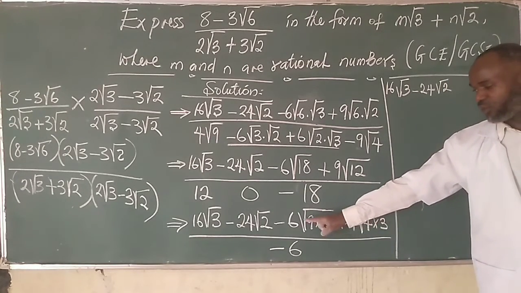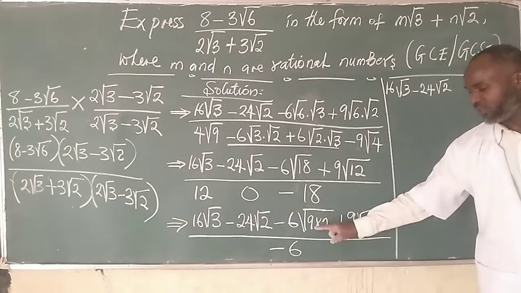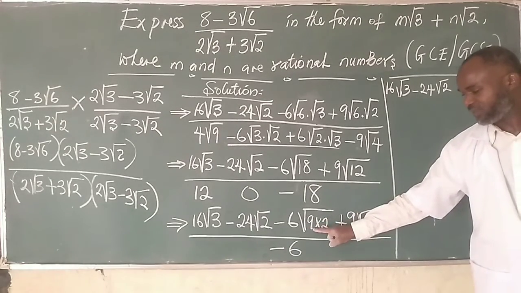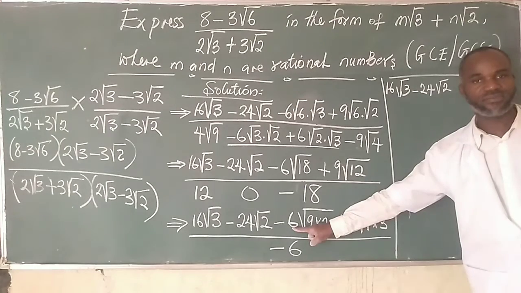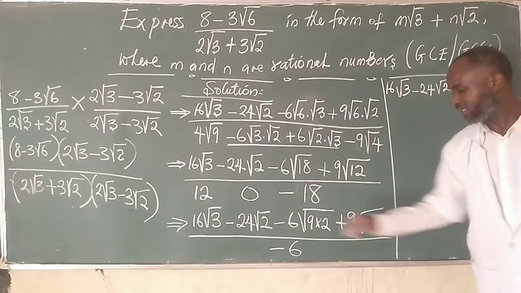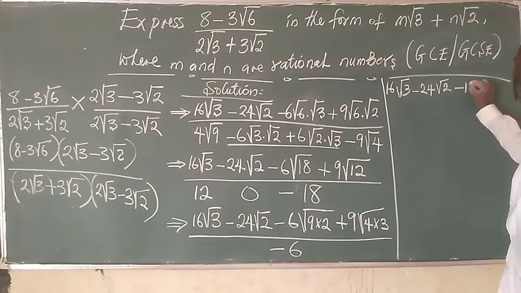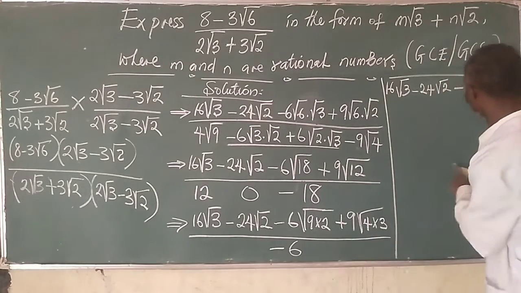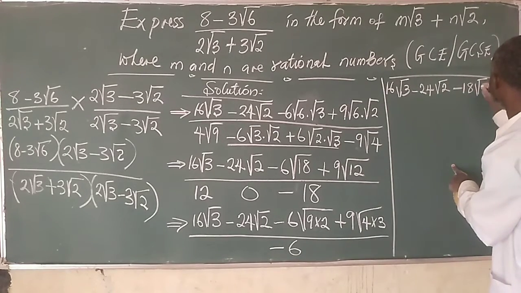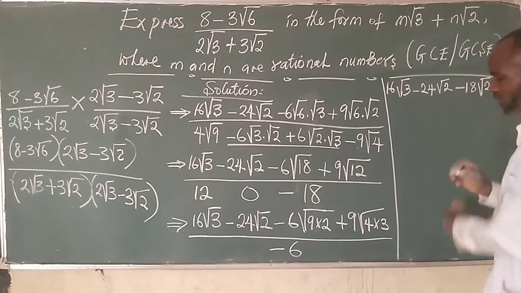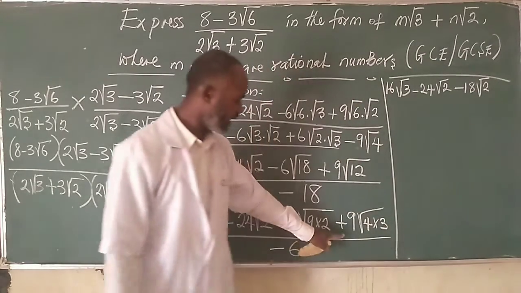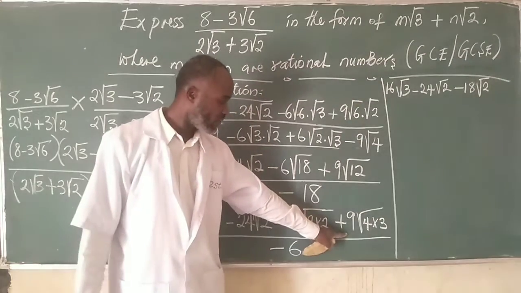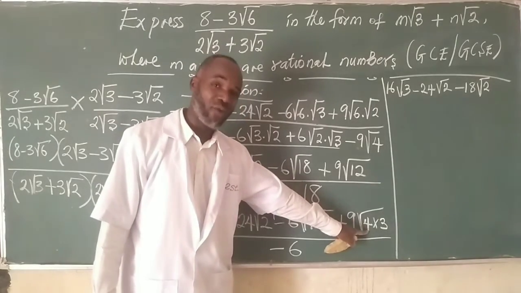Of course, we're going to simplify this. Square root 9 is 3. 3 times 6 is 18, so we have minus 18. We have square root 2 remaining. Take notes. The same thing here. Square root 4, because 4 has a square root, but 3 doesn't.